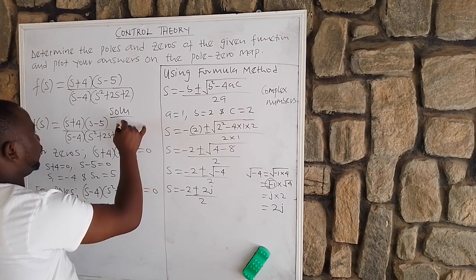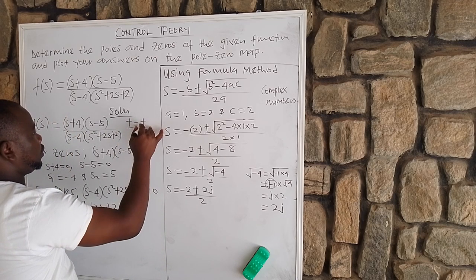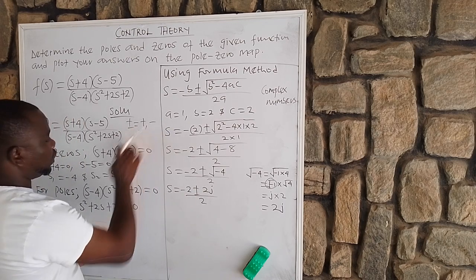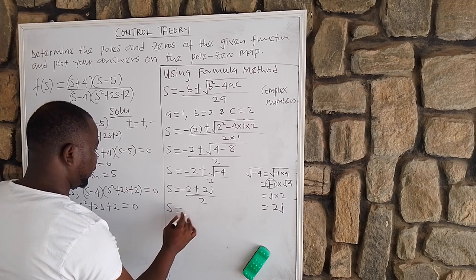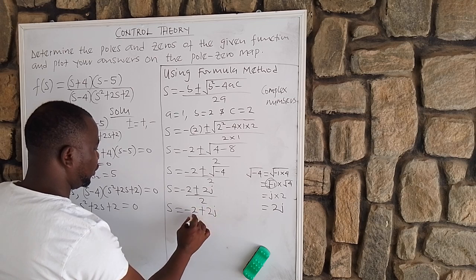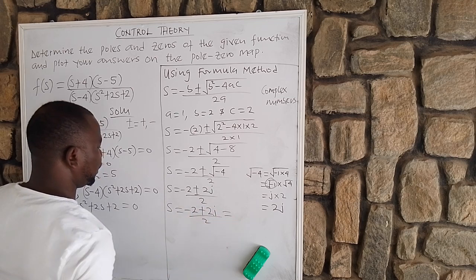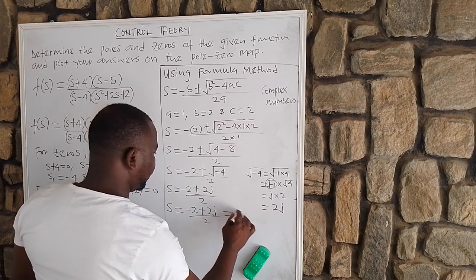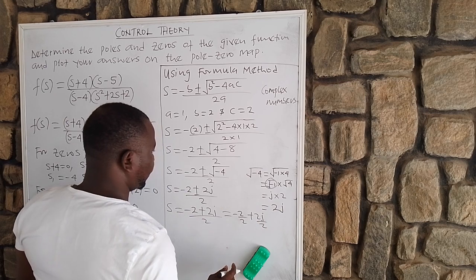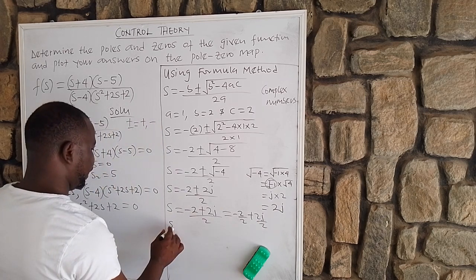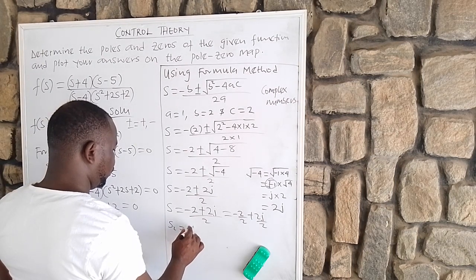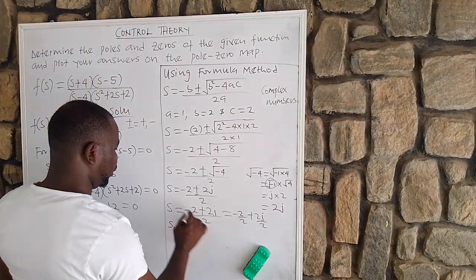Note that plus or minus means we deal with plus, or we deal with minus. So using the plus, s2 equals minus 2 plus 2j all over 2, which is the same thing as minus 2 over 2 plus 2j over 2. So our s2 will be minus 1 plus j.